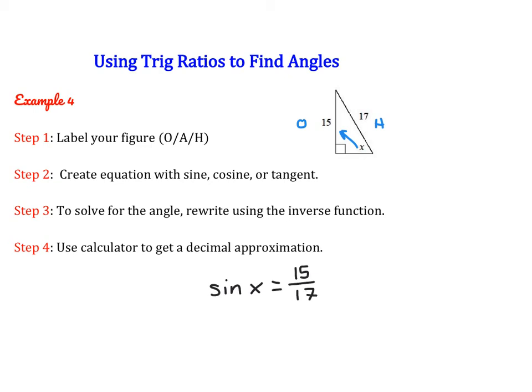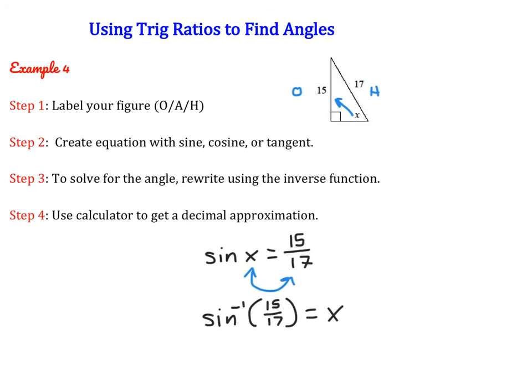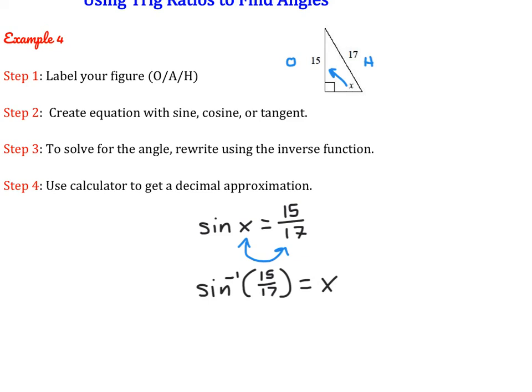So now at this point, we are trying to find the angle. So this is when we're going to swap the values and use arc sine. So we can say arc sine of 15 over 17 equals x. Now this will allow us to find that angle.